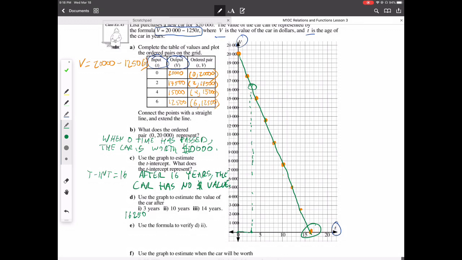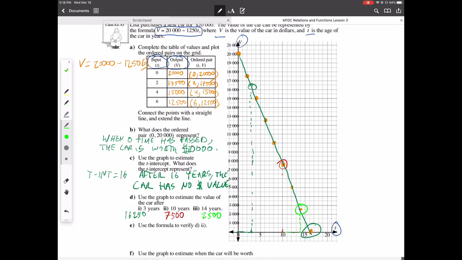When I go for the 10 years, then I'm going to follow straight up from the 10 years. This looks like it's a clear point that exists on here, and I'm going to say that's about 7,500. And when I go for my 14 years, I'm going to follow along to 14, come up here, and it looks like it's about here, where at this point it looks like it's 2,500.